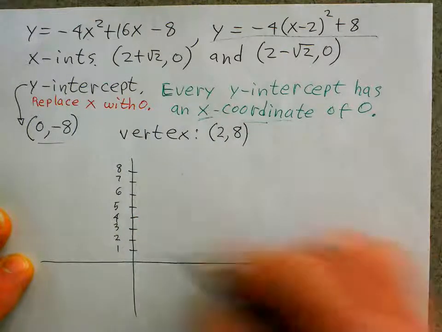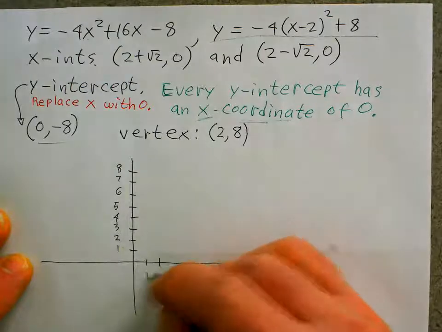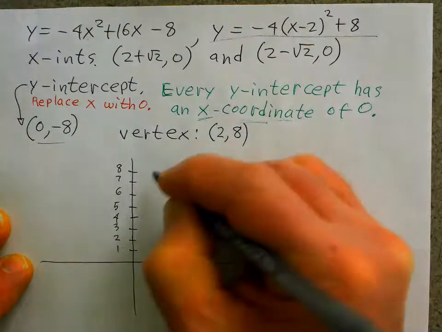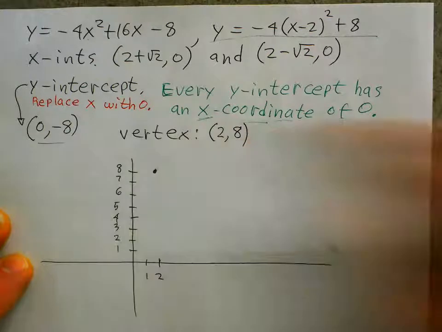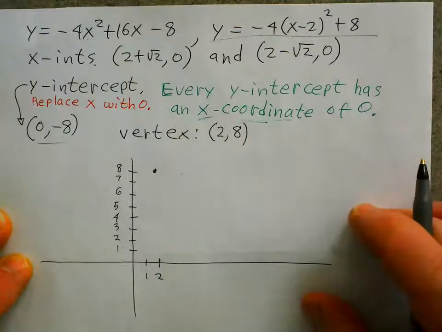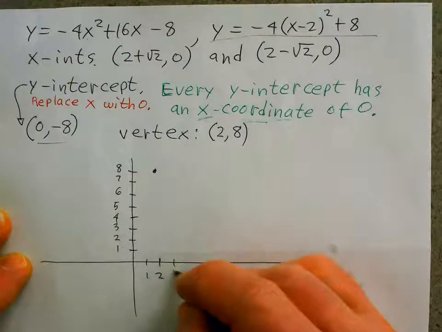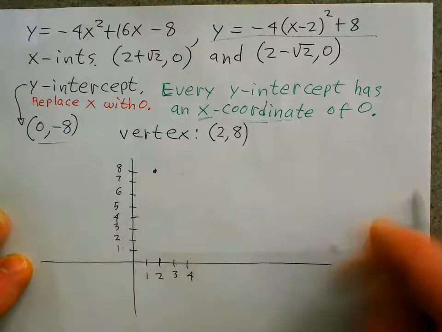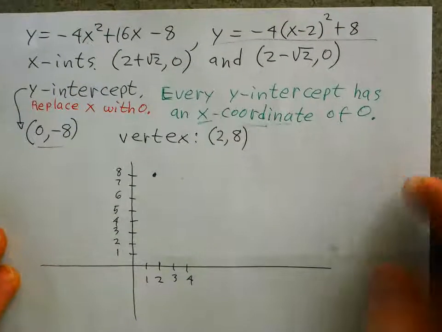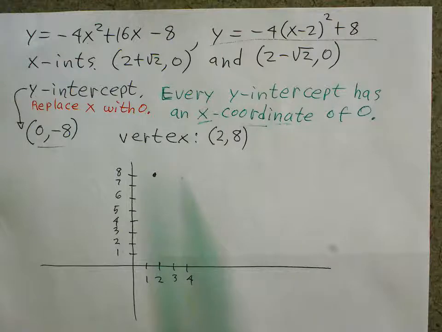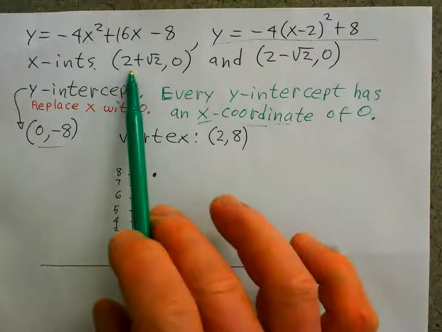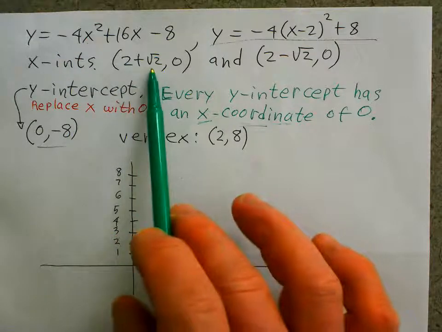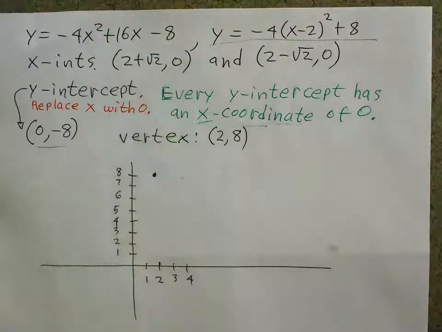So the ordered pair 2, 8. One of the x-intercepts is the ordered pair 2 plus the square root of 2, comma 0.